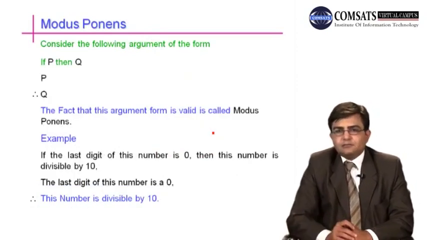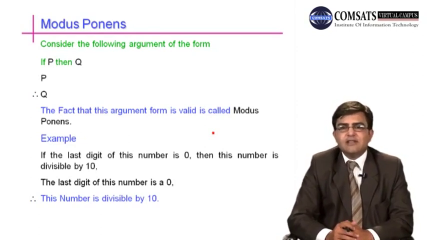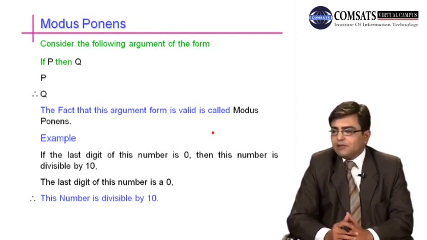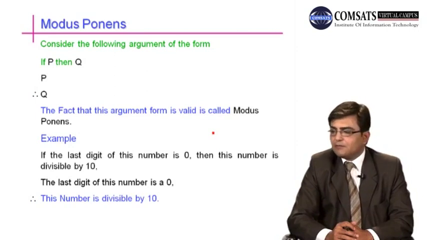So next we see some forms of valid arguments which are, you can say, universally valid. Wherever we see these forms, we immediately conclude that this is a valid argument.